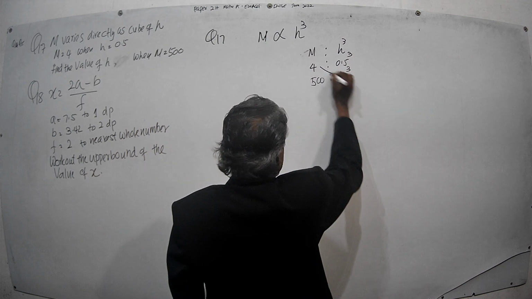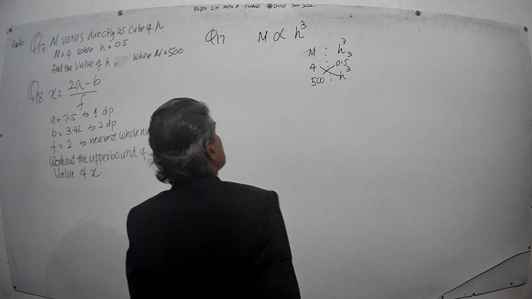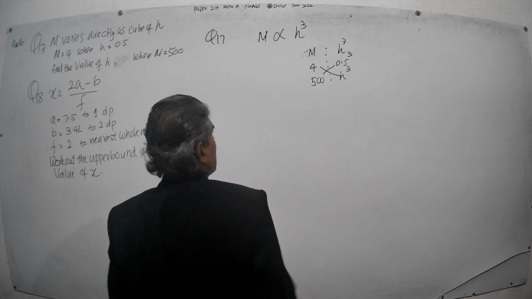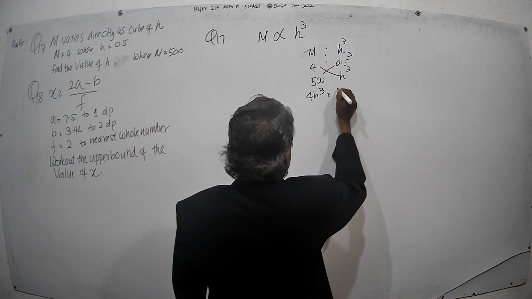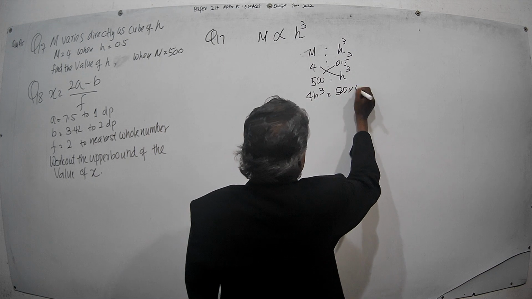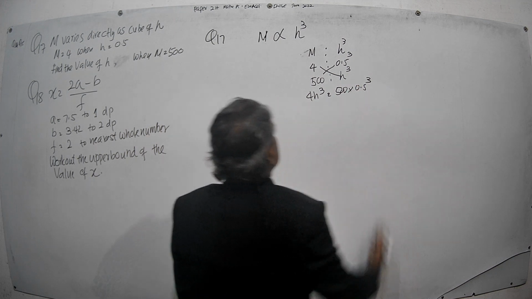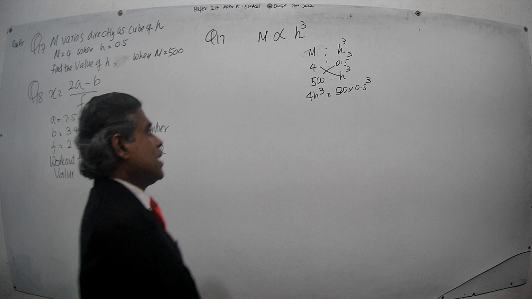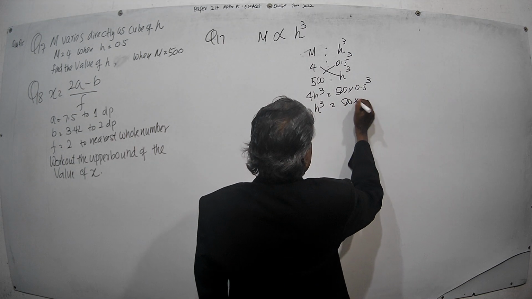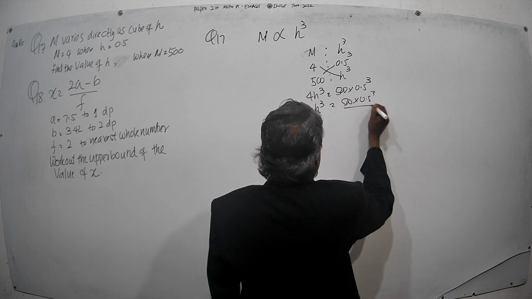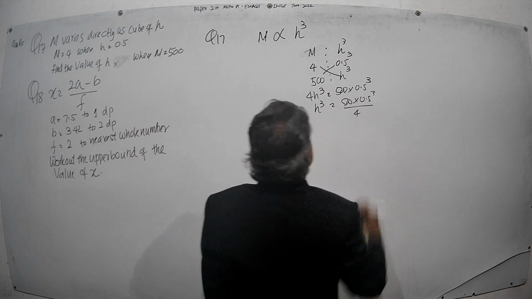You multiply 4 into h cube equals 500 into 0.5 cube. Then h cube equals 500 into 0.5 cube over 4.